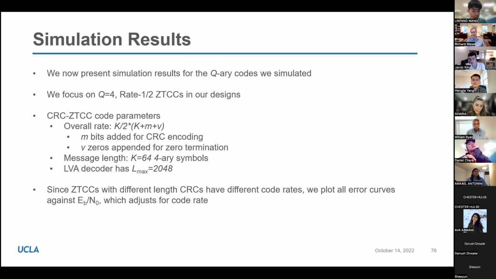But I'm actually a little confused about the overall rate. I feel like maybe you need another set of parentheses. Is everything after the K the denominator? Yes, sorry. Yes, you're right. I should have put another set of parentheses.